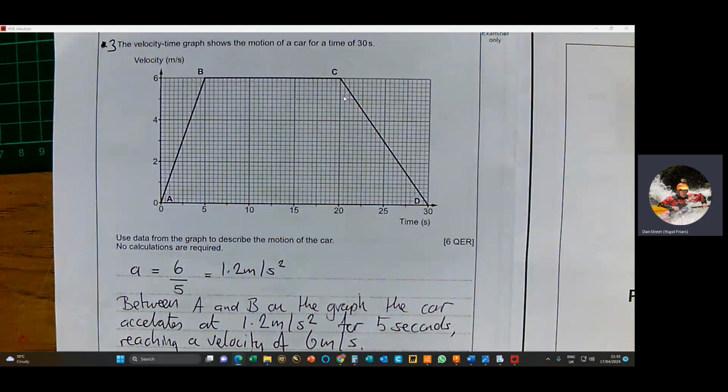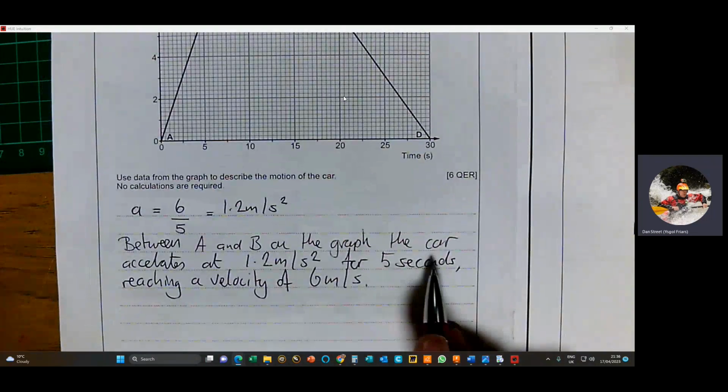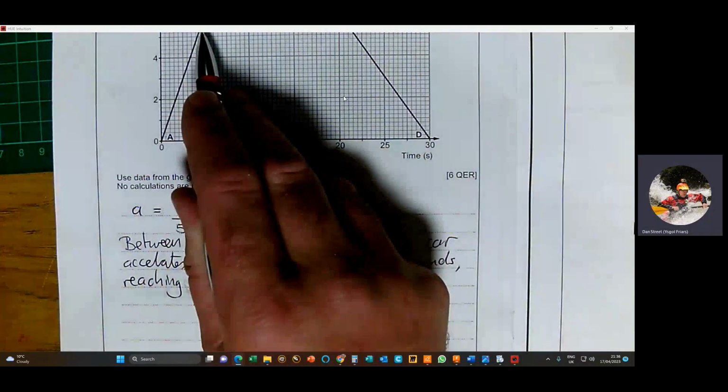That sentence describes exactly what happens between A and B.